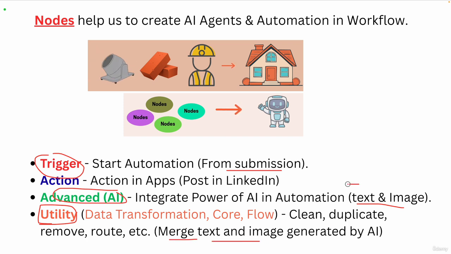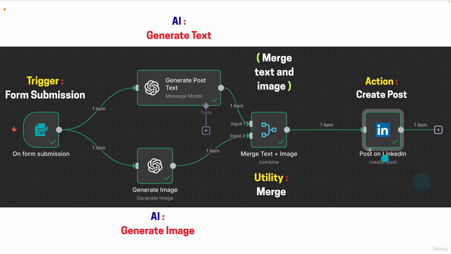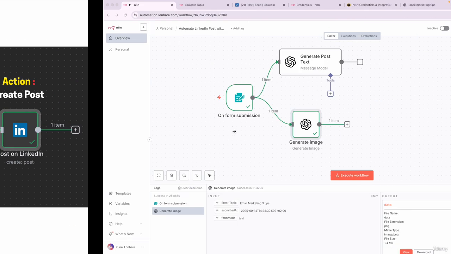Whatever image and text has been generated by AI, we will merge them into one. This text and this image will both combine inside this node, and we will get the complete post. Assume it as one post which we can post directly to LinkedIn. So that is what we will do now.